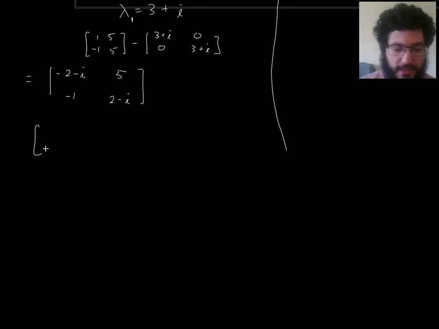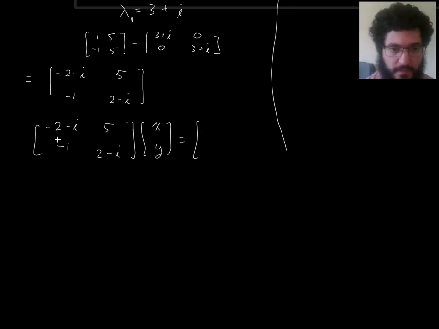So I'm interested in the equation, this matrix applied to x, y equals 0, 0. If I solve this and I get some non-zero x, y, at least one of them not 0, then that would be an eigenvector for the eigenvalue 3 plus I.